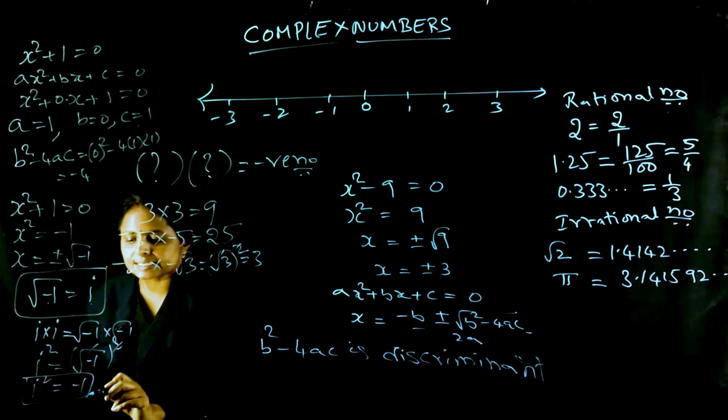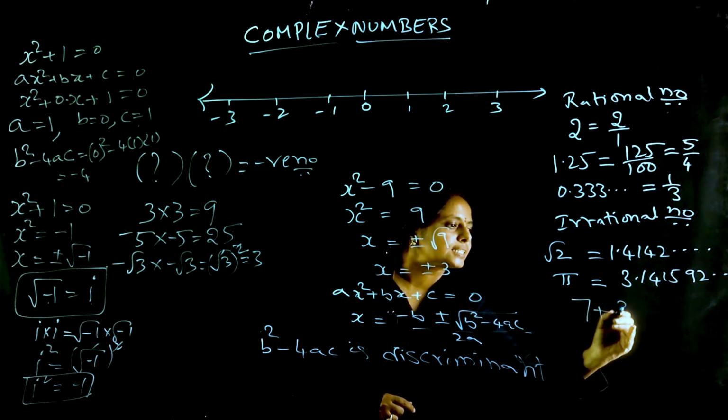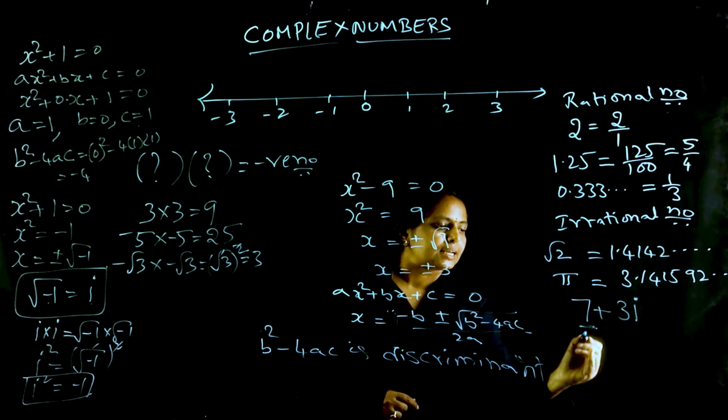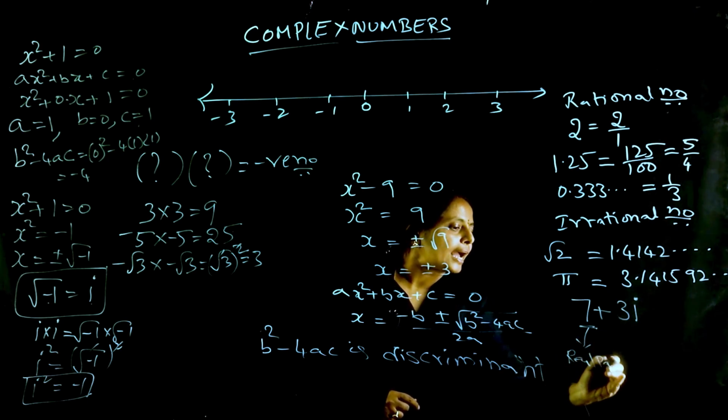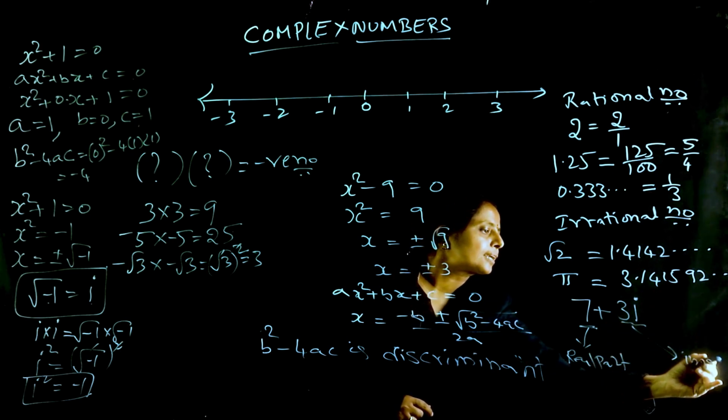So let us consider a number, say 7 plus 3i. In this, 7 is called the real part and 3i is called the imaginary part.